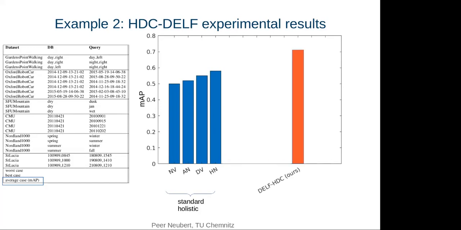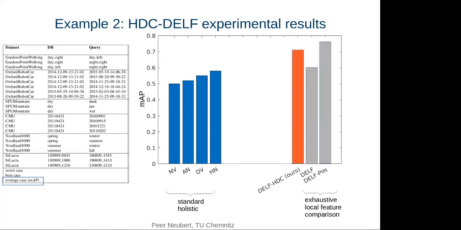And that's it. It's really considerably better. The only thing that works even better than this HDC-DELF approach is if we use the exhaustive local feature comparison that I explained earlier in the talk, where I said, okay, this HDC-DELF approach takes like half a second, and those gray approaches take like 5 hours.